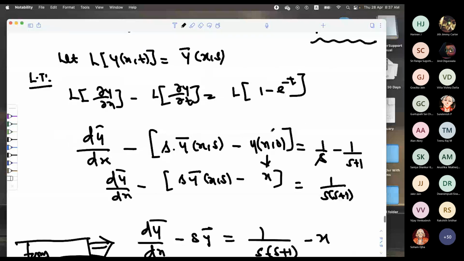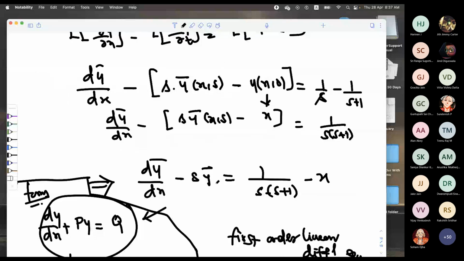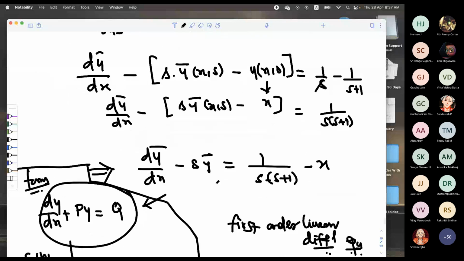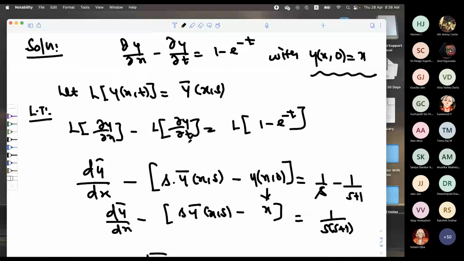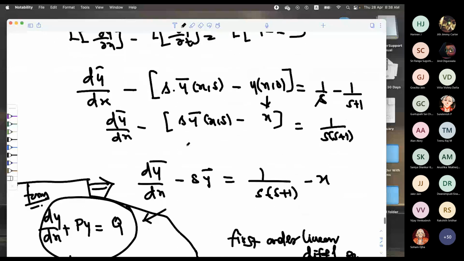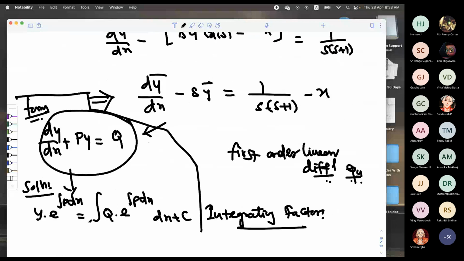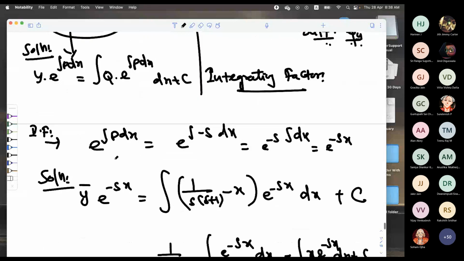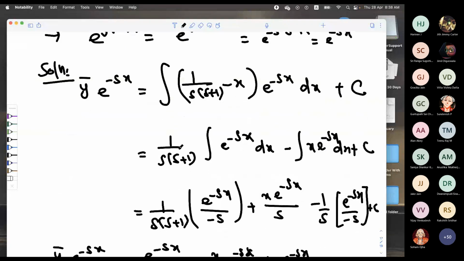Supply that. If it is in the form of a first order linear differential equation, why is it first order? Because here we have the first order partial derivative only. So after applying the boundary conditions, it is in the form of a first order linear differential equation. So find the integrating factor and then use the solution formula.